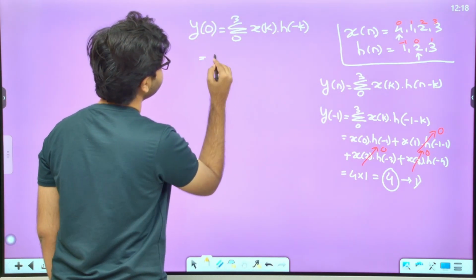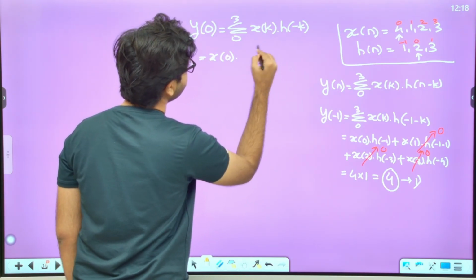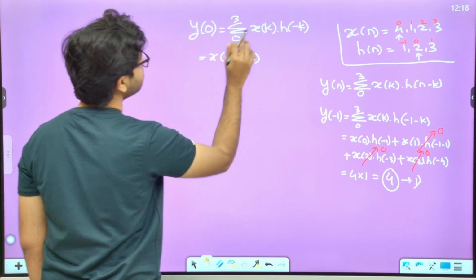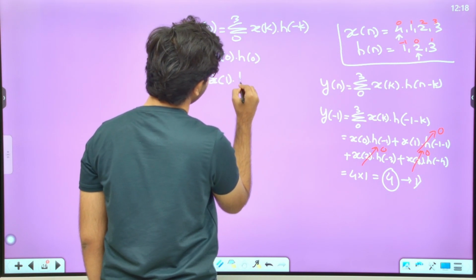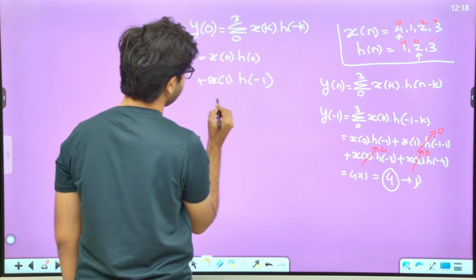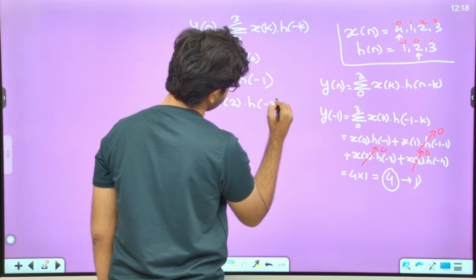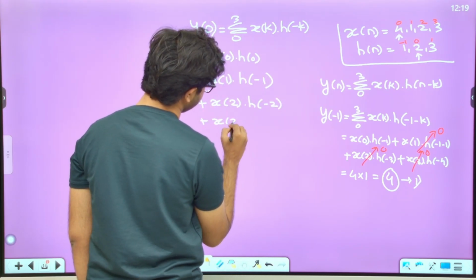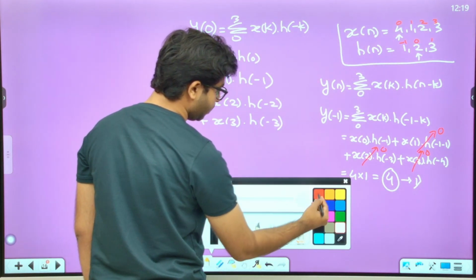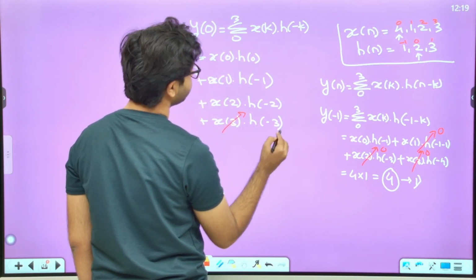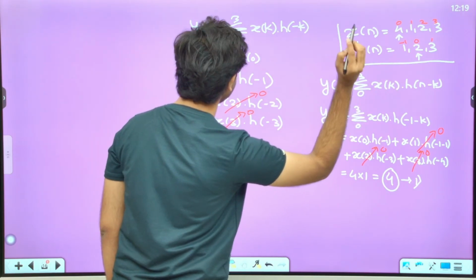Now x of 0 into h of 0, because both are at the 0th index, plus x of 1 h of minus 1, plus x of 2 h of minus 2, plus x of 3 h of minus 3. h of minus 3 and h of minus 2 are not present, so they will be 0.